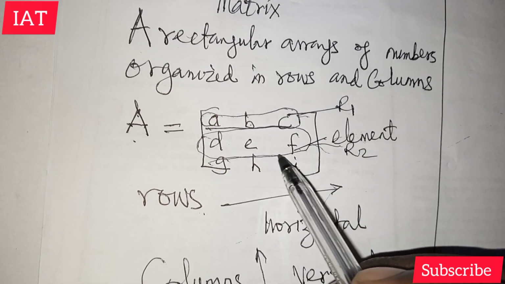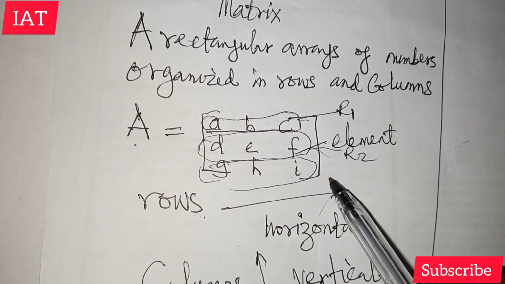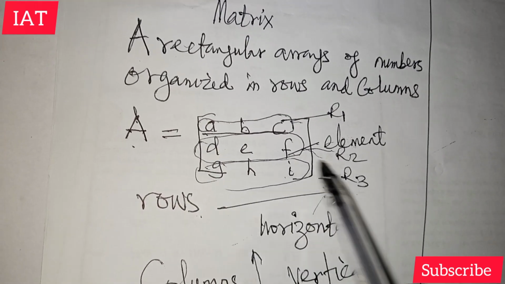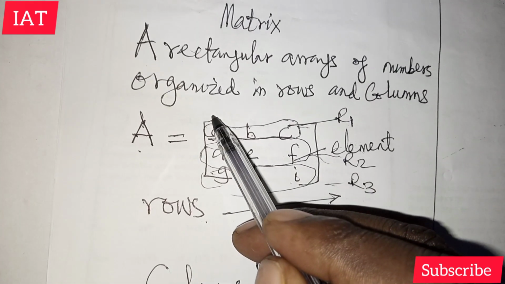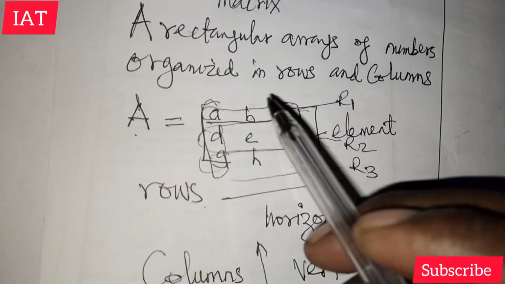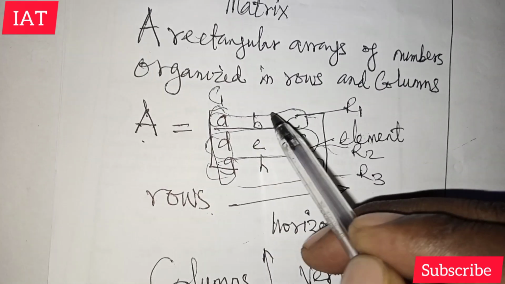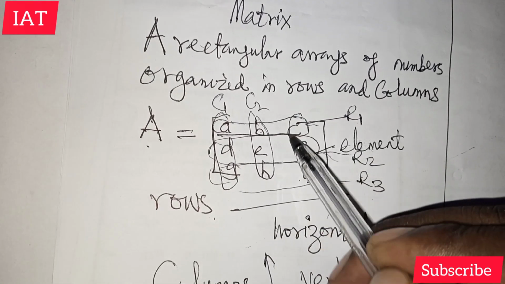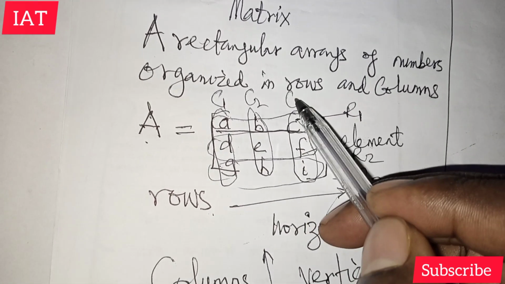And this last one you're having here, you can call it row 3. You can see this direction, that's horizontal direction. Then this particular one like this, you can see it's coming in a vertical position, so we can call it column 1. This one is what we call column 2, and this other one is what we call column 3.